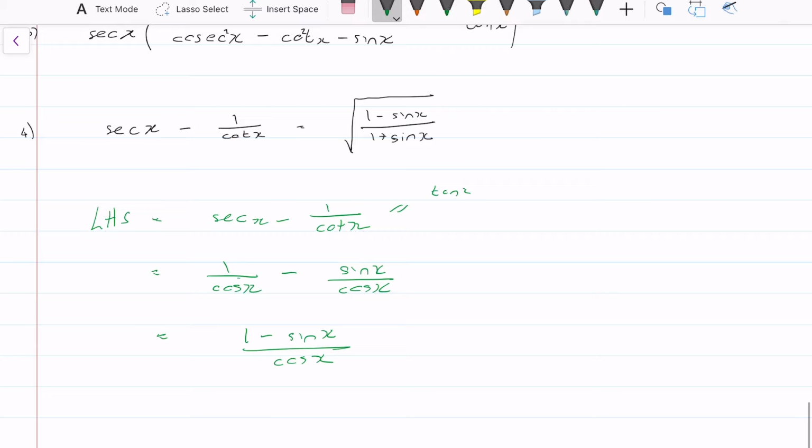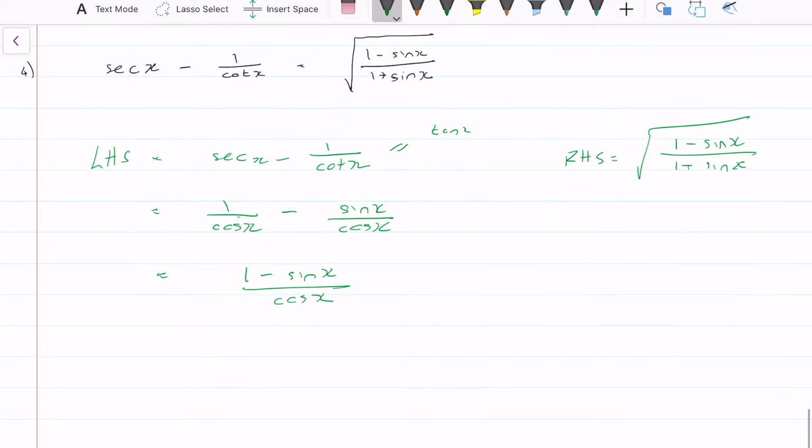There's nothing more we can do. So let's look at the right hand side. The right hand side equals the square root of 1 minus sin x over 1 plus sin x. Okay, can anyone think of anything to do? No, it's difficult, so let's think about what we have here. I can see a 1 minus sin x and a 1 minus sin x, so we've got the top part.